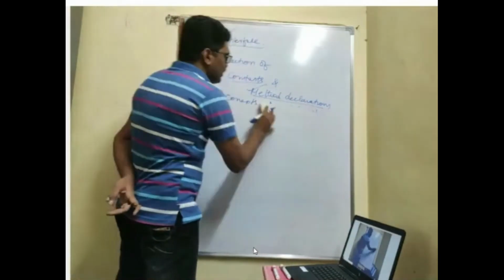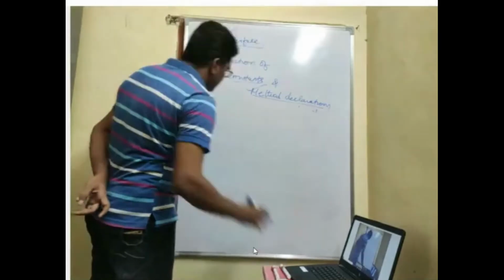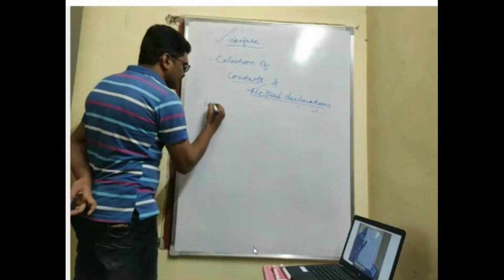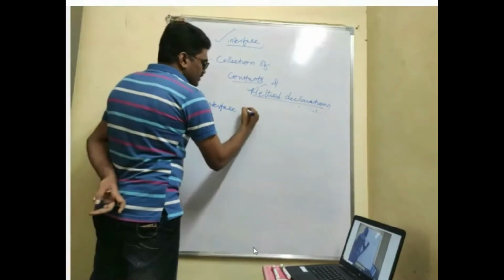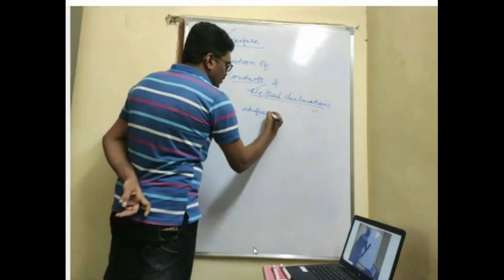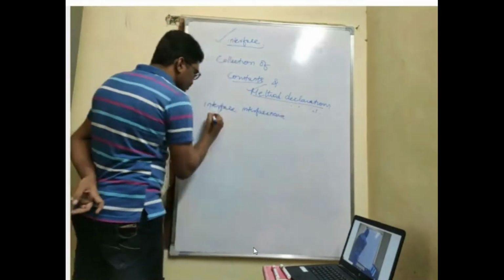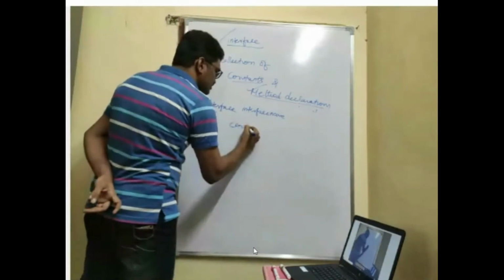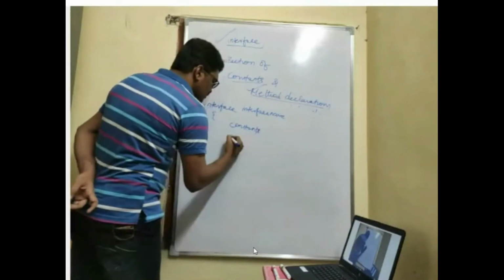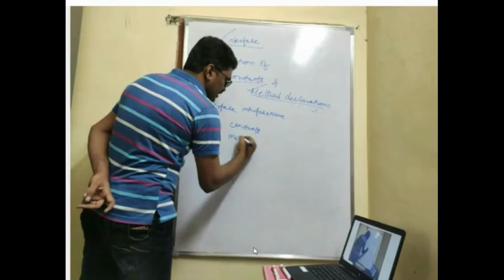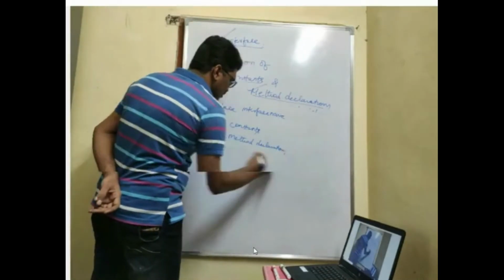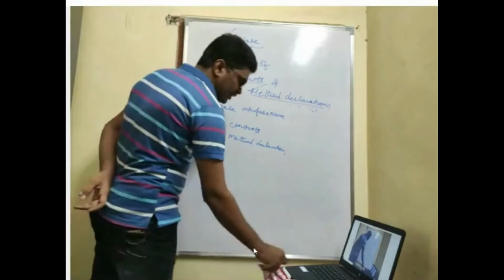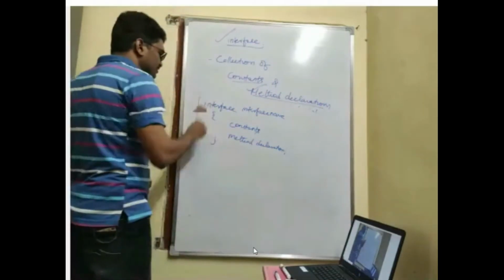Now, the syntax for defining an interface is: interface is the keyword, then the interface name, then constants and method declarations. Only declarations you have to write. You should not write definitions.